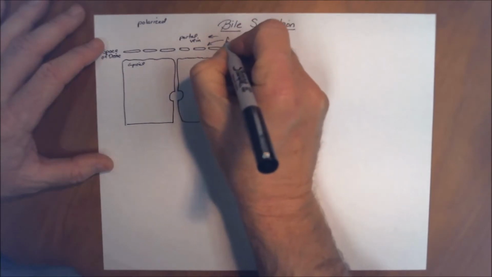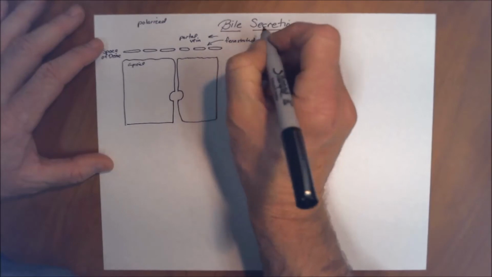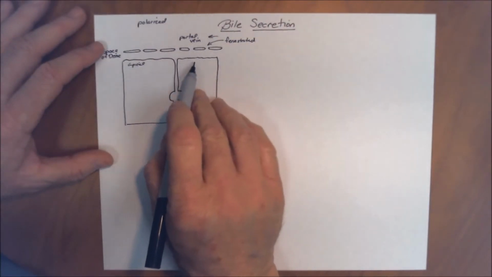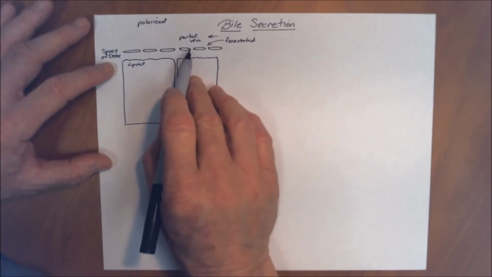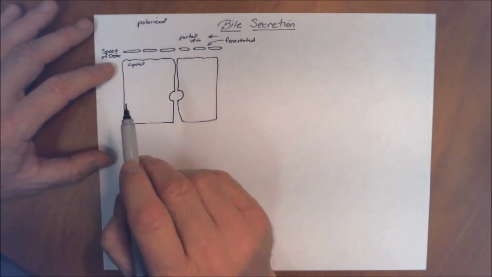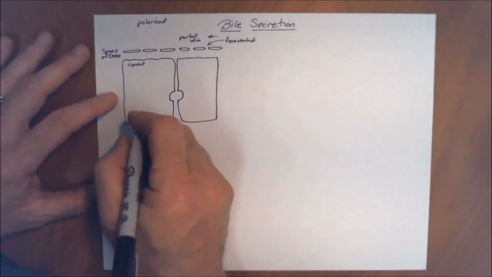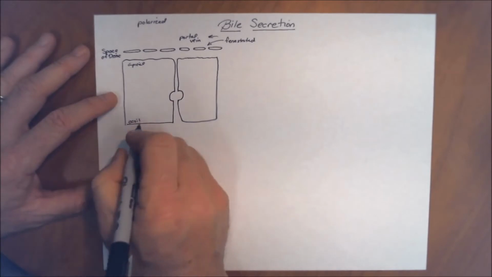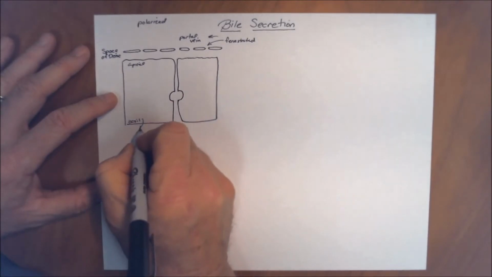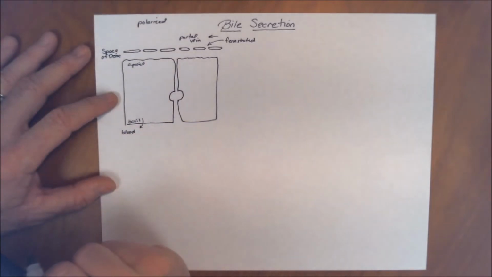And fenestrated means that the top of the epithelial cell, the hepatocyte, actually has free access to the circulatory supply here. Now the next structure we have to look at is the basal surface. And the basal surface is where secretion occurs that is going to end up in the blood.